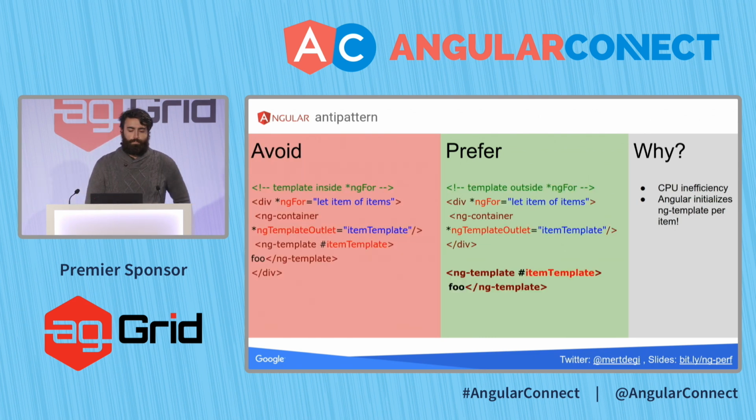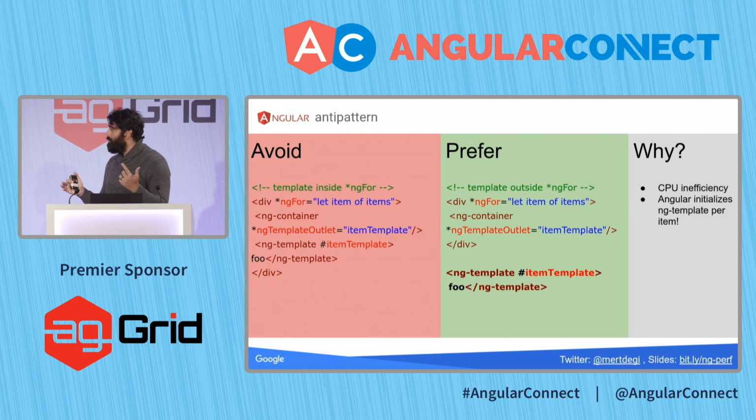So another anti-pattern that we discovered is if you have a structure like this where ng-template is within ngFor, turns out Angular does something interesting. So for each item in this array, it creates a new ng-template instance. So if you have 1,000 items, you have 1,000 ng-template instances.